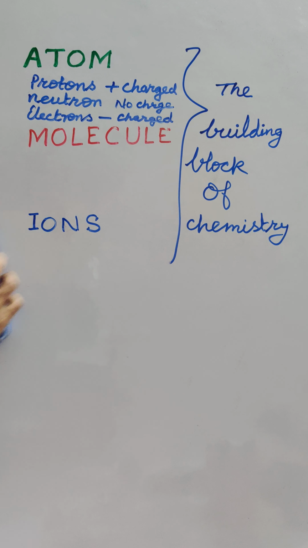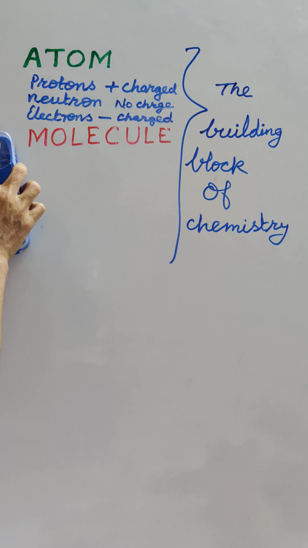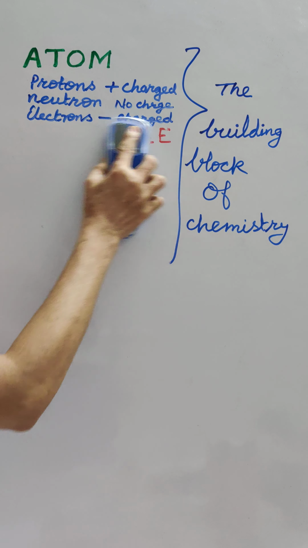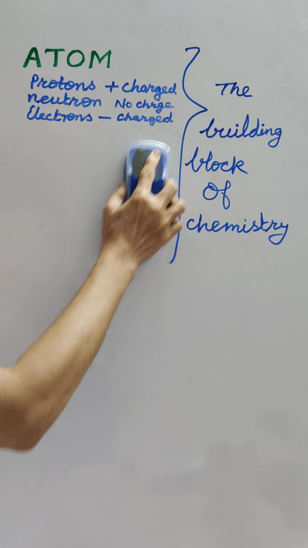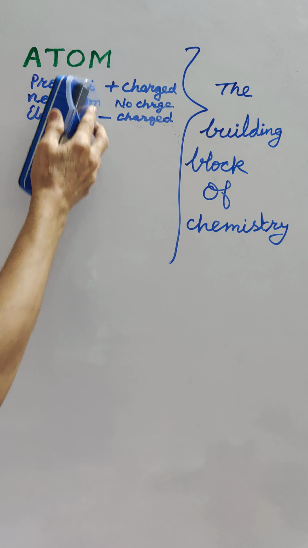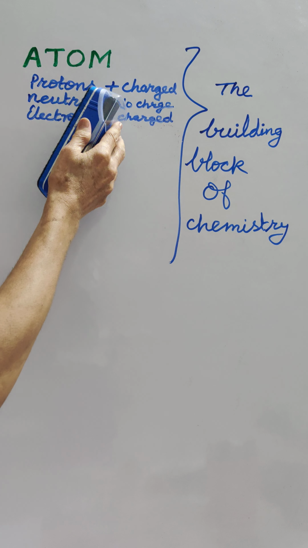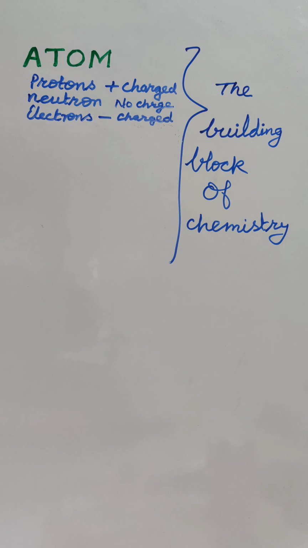First of all, we shall understand what is an atom clearly, then molecule and thereafter ions. So these are the three particles which are found inside an atom.